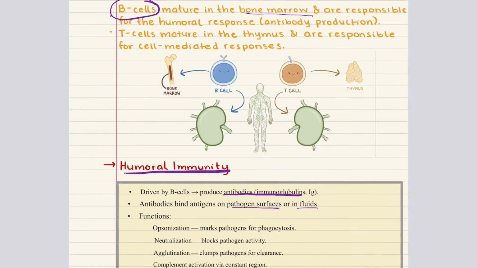Once activated, they can differentiate into two main types: plasma cells or memory B cells. Plasma cells are the active antibody factories, and they produce large quantities of immunoglobulins. Memory B cells, on the other hand, remain in the body long term, and they're ready to respond quickly if the same antigen is encountered again.